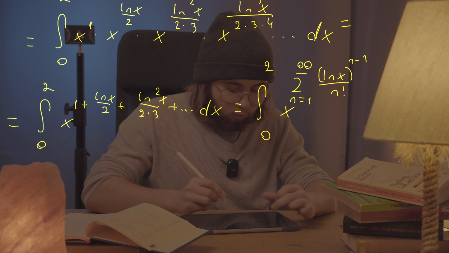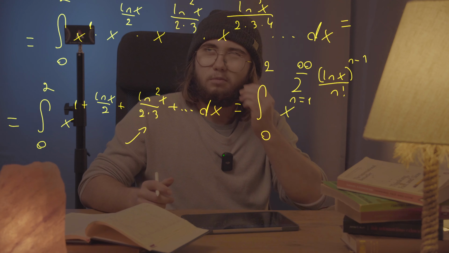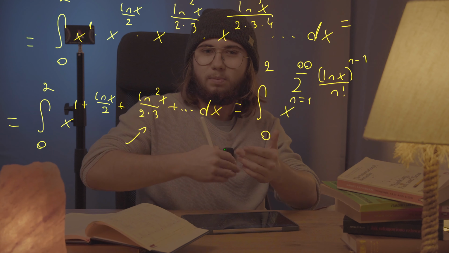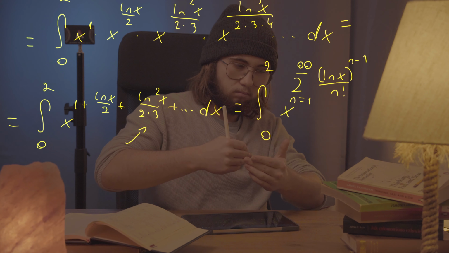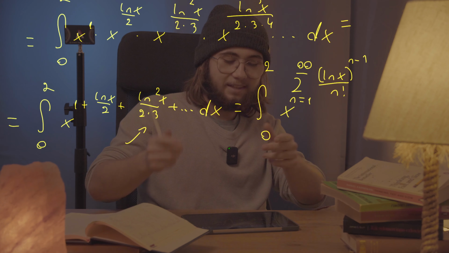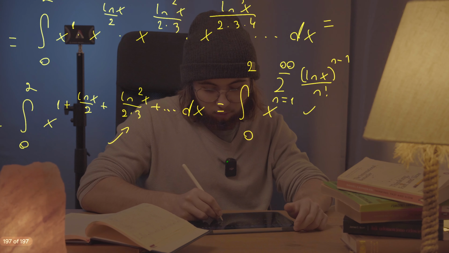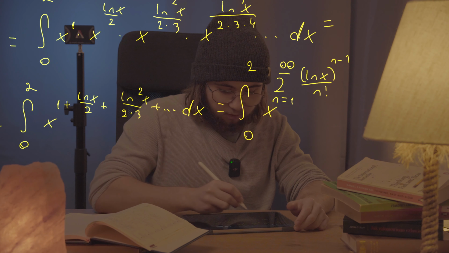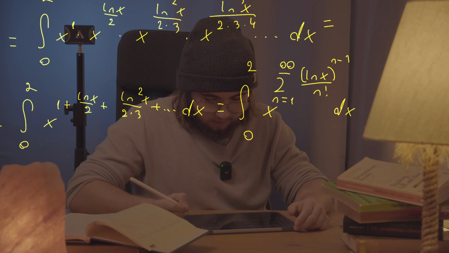Because you see, those degrees of roots are going to be multiplied together and they will just form this n factorial here in the denominator. That's all going to be dx.